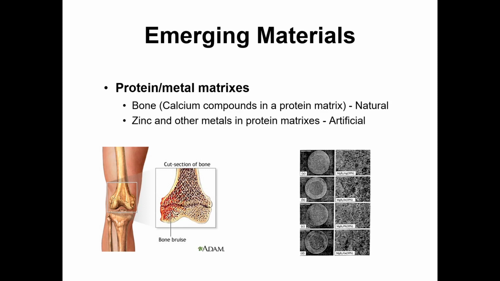So an example of that is something called a protein metal matrix. Bone is the natural example for that. Bone in living things is a kind of calcium compound glued together with a protein matrix. So that's a naturally occurring protein metal matrix, you could call it. But you can make a man-made one, and I know they've made one with zinc and a protein.